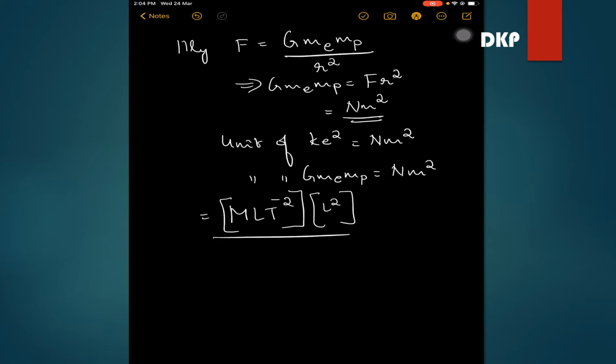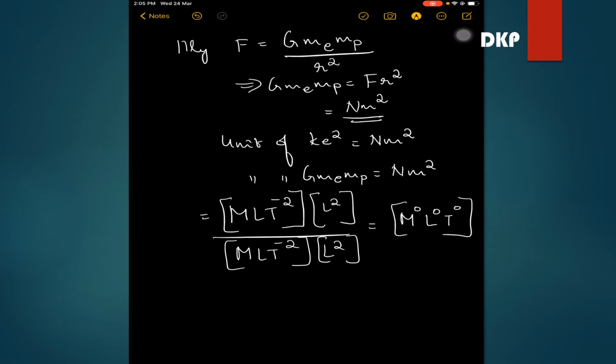Similarly, for the denominator M L T minus 2 and L square, which is equal to M0 L0 T0. Therefore, Ke square by Gmemp is dimensionless.